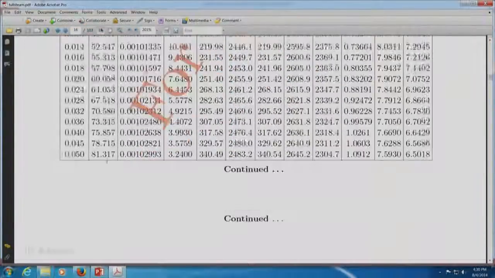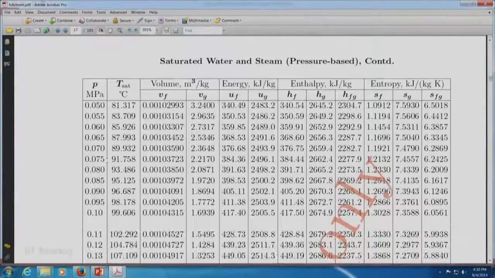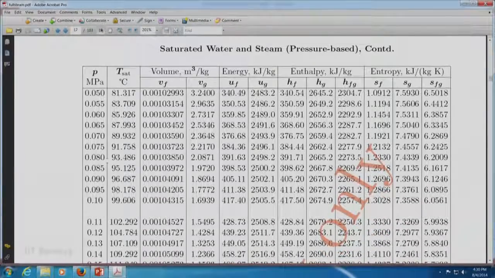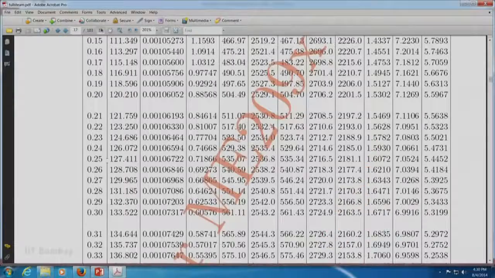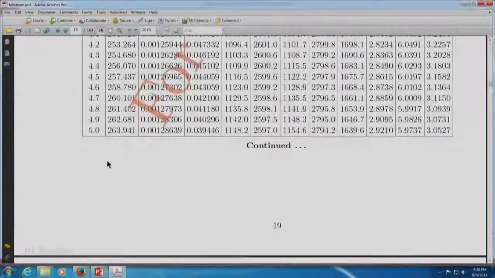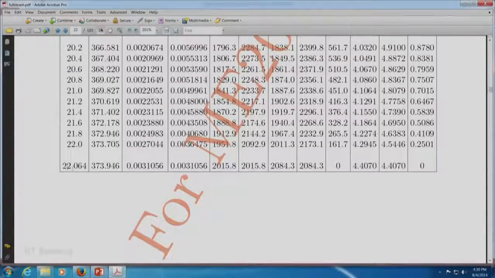Similarly, I will go from triple point pressure up to critical point pressure in this table 2. So here you can see that this is my critical pressure 22.064 MPa, and corresponding to that you get Tsat(P), or a temperature which is the critical temperature, 373.946, alright.